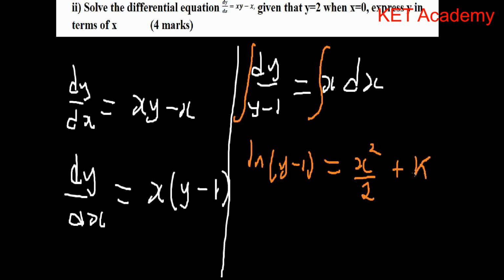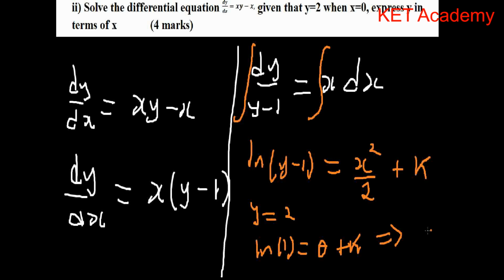So k. Now we need to look for the value of k given the initial conditions, that is when y is equal to 2 and x equal to 0. So when y is equal to 2, we simply get ln of 1 equal to, and x is 0, so this will be 0 plus k. What does this imply?